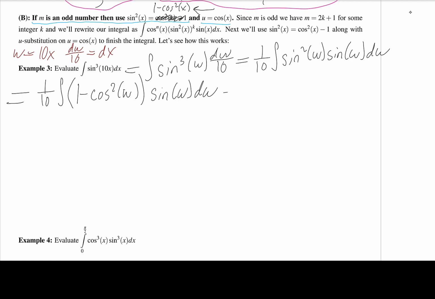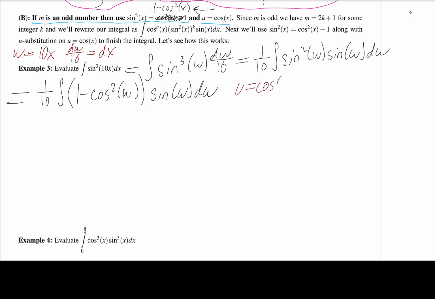All right, so then this becomes 1/10 times the integral. Now we're going to use our u substitution. So let me fit our u substitution in over here. It says we're supposed to use u equals cosine of x, so I'm going to use u equals cosine of w.